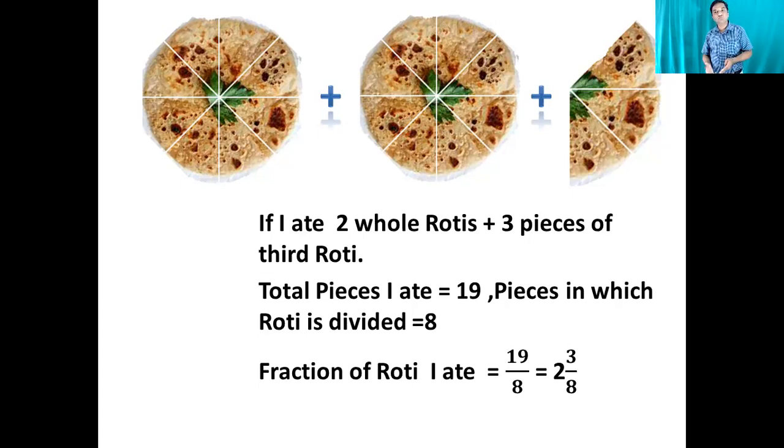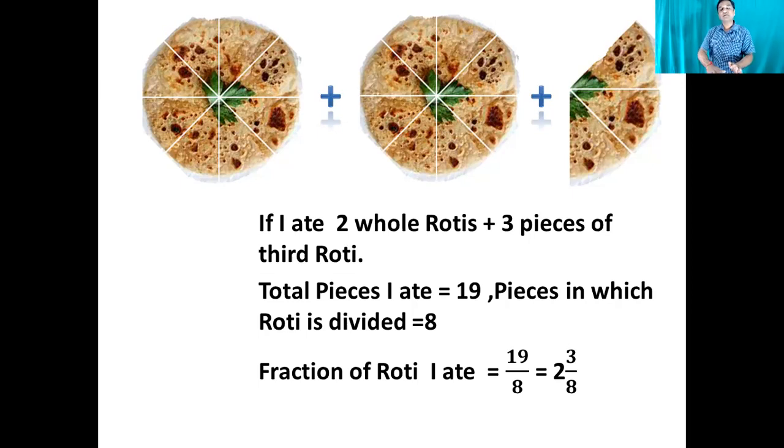Because now the number of parts taken is more than the number of parts in which the whole is divided. You can see each roti is divided into 8 equal parts, but the number of parts you have taken is 19. So this improper fraction is nothing but a mixture of some whole part and some fraction. That's why this is known as the improper fraction, and this is more than 1.